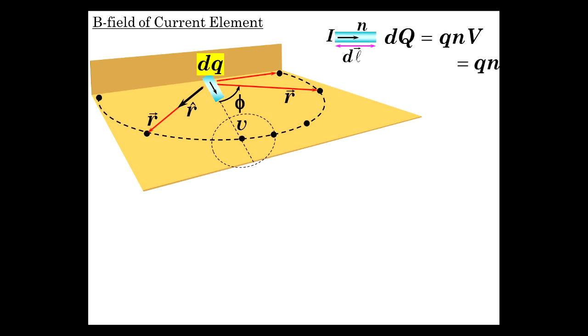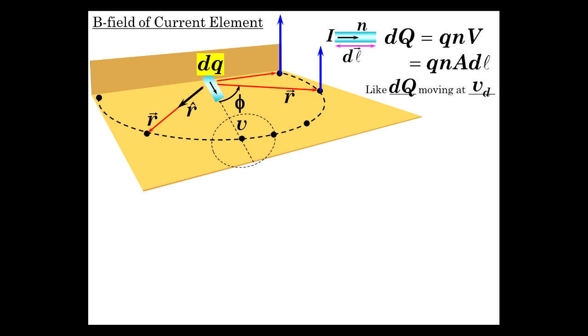So there's our dq. That's Qn, and the volume is cross-sectional area times dl. This is then just like dq moving at the drift velocity in the wire itself.